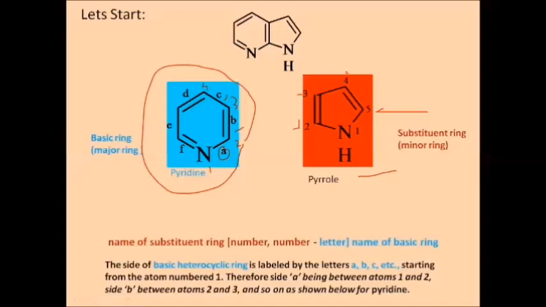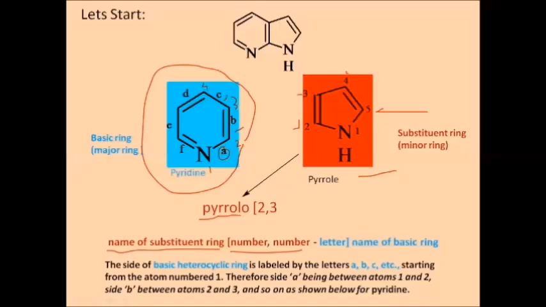The structure of the IUPAC name will be: first we have to write the name of the substituent ring, then the numbers of the atoms which are involved in fusing. So we have to write the name of the pyrrole ring, so pyrrolo, and then the numbering, 2, 3 atoms of the pyrrole ring.